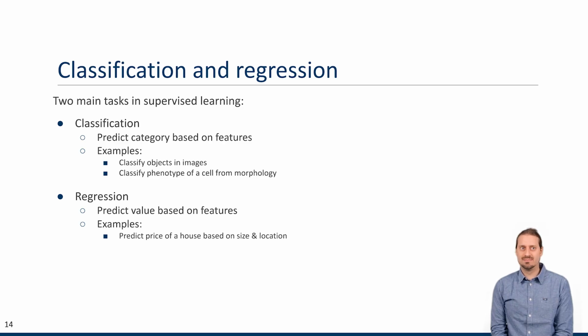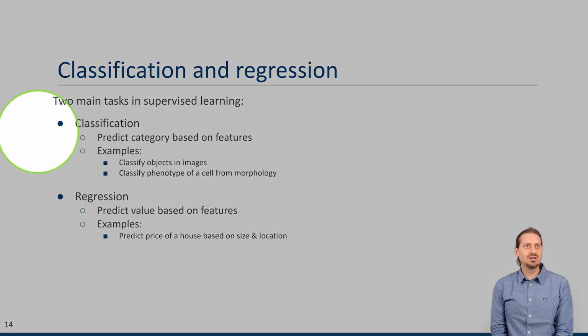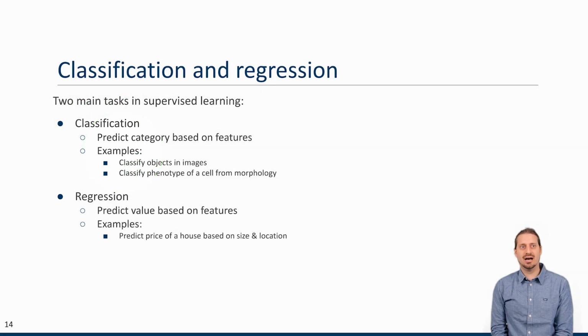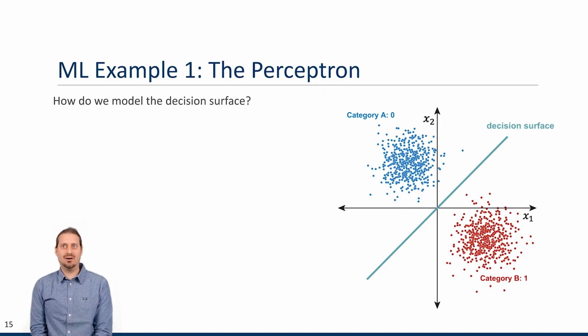So again, just mentioned for completeness, we'll focus on classification for now, and also the models for regression are pretty similar to classification, but I just wanted to make clear that there are these two different formulations that we deal with in supervised learning.